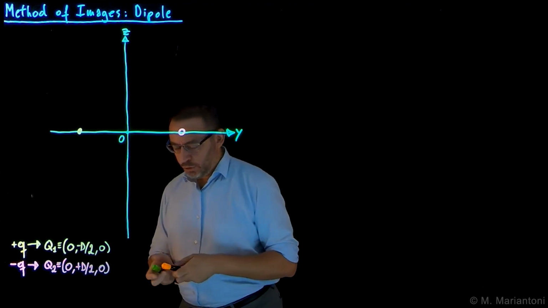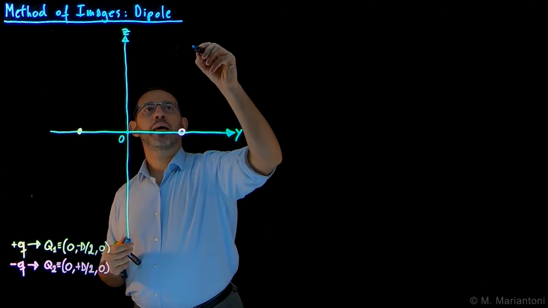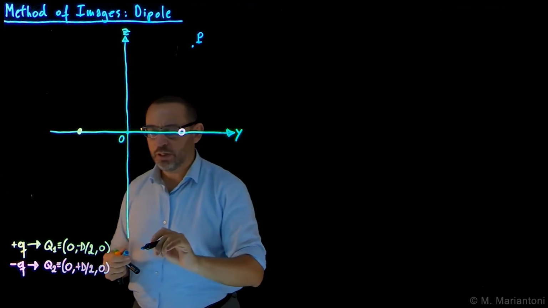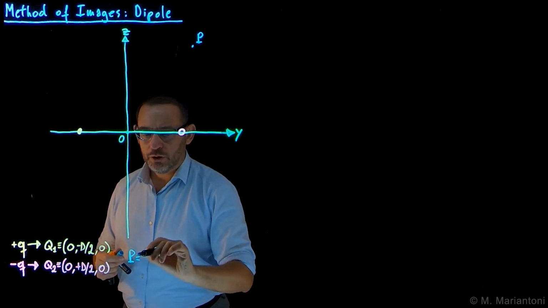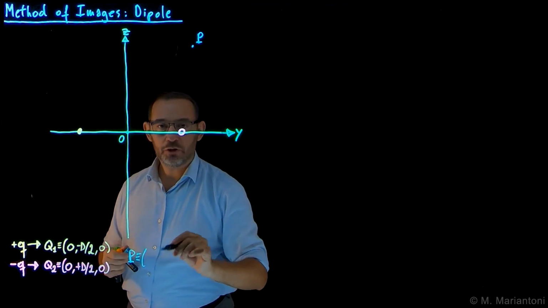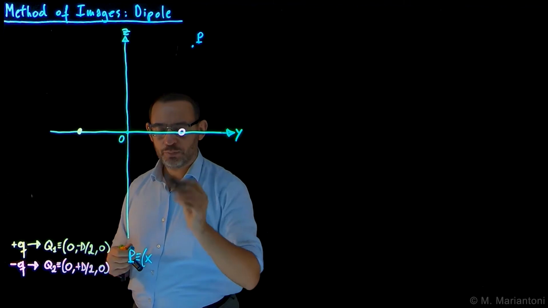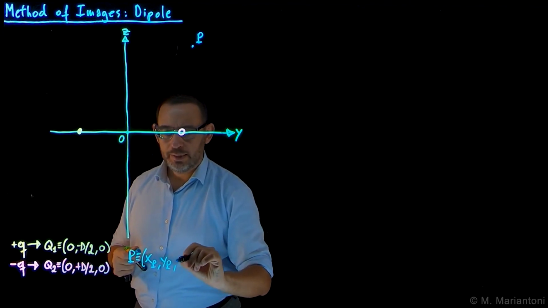All right. So a generic point capital P in space, if I want to examine here a point capital P in space, which is what I asked you in one of the first videos in the review in the introduction to PHYS 342, well, point P, by definition, is an observation point. So if you look at the Coulomb's law approach to this problem, this we call XP, YP, ZP.